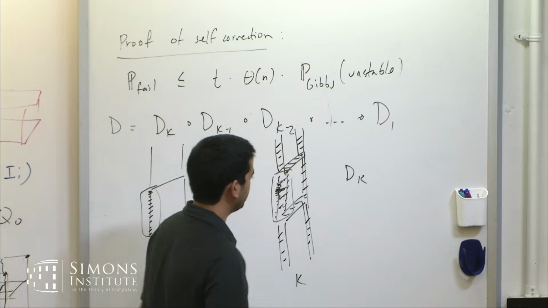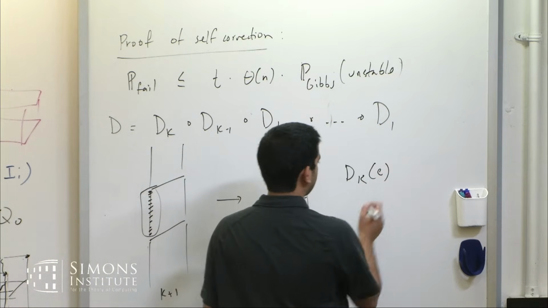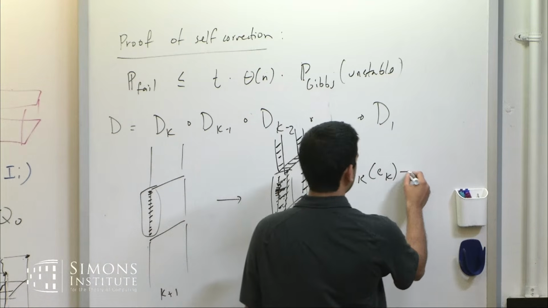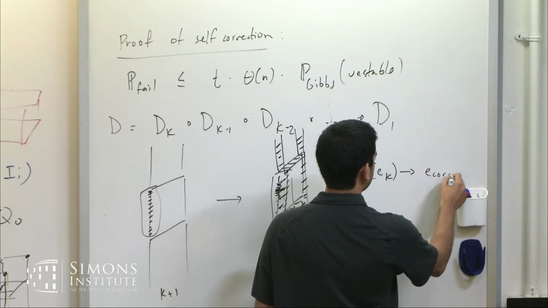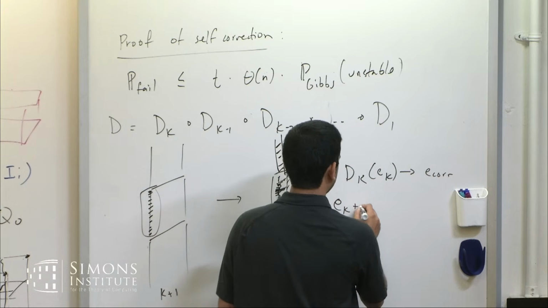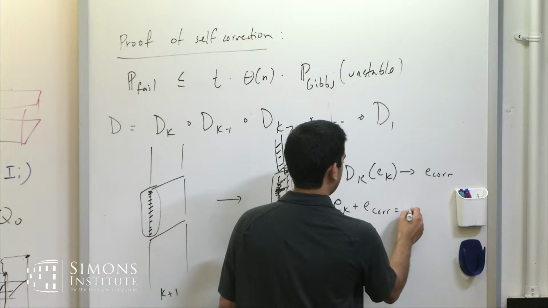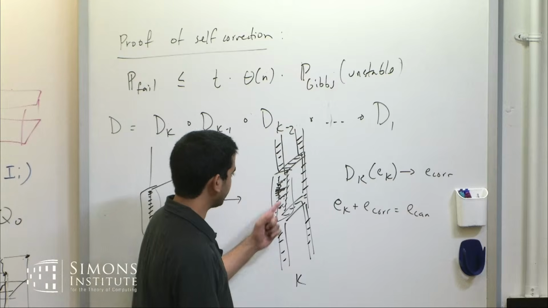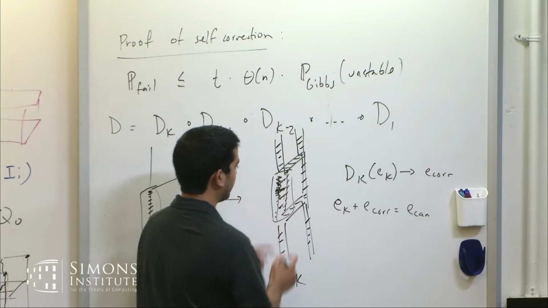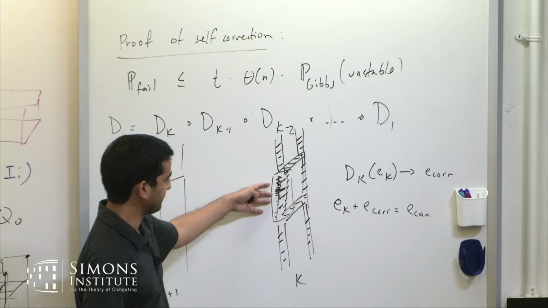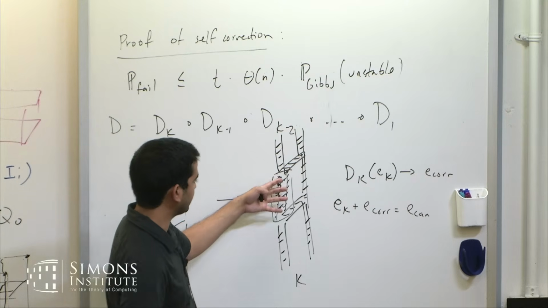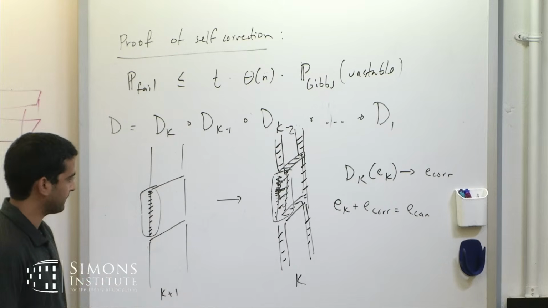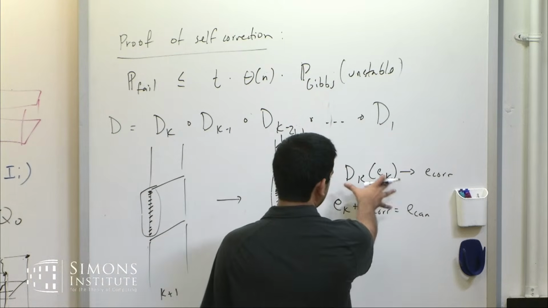So what the decoder is going to do is map some error at scale k into a correction operation such that e_k plus e_correct is what I'm going to call a canonical error. Now the canonical error is going to be entirely supported on this local code word. And then I can lift this canonical error to an error at scale k plus 1. Right? And so this is how the decoder is going to work.